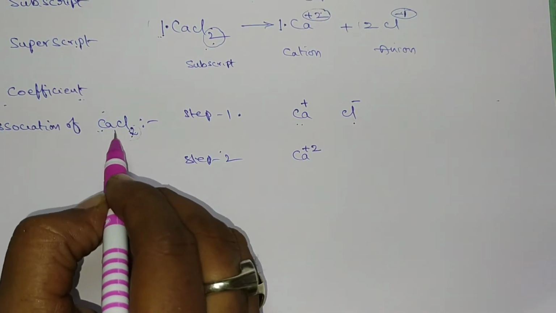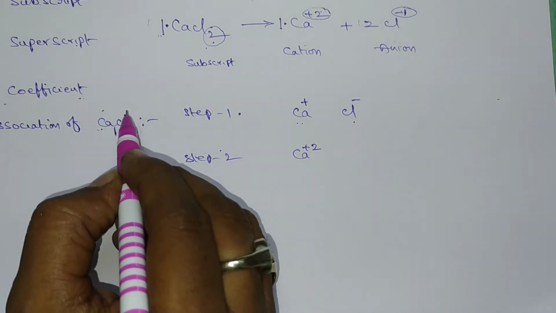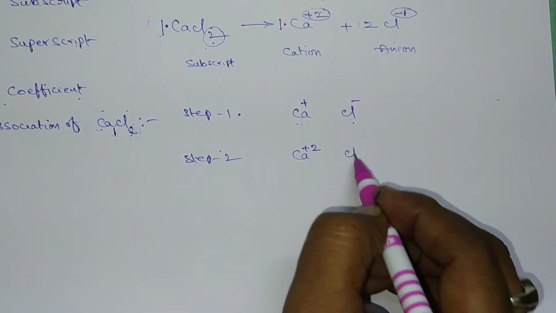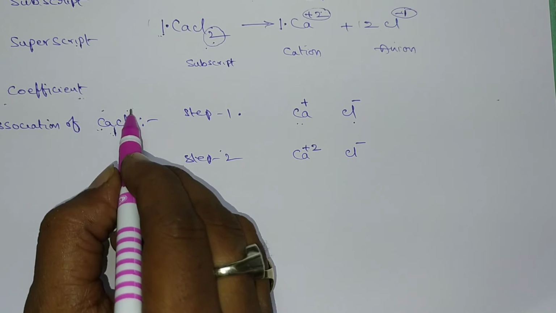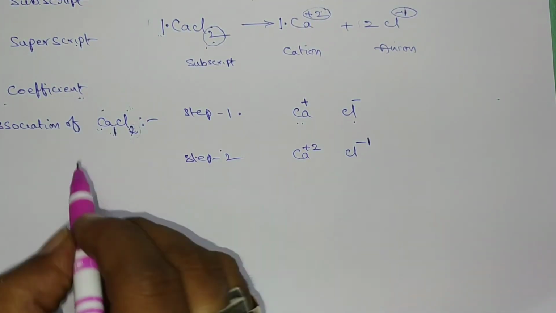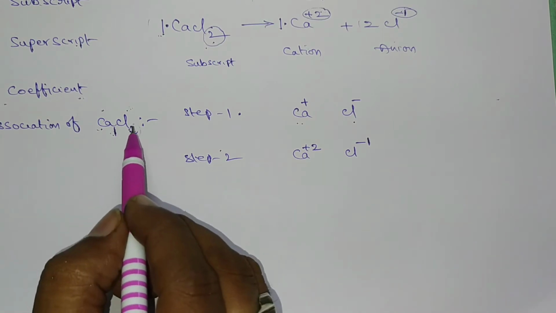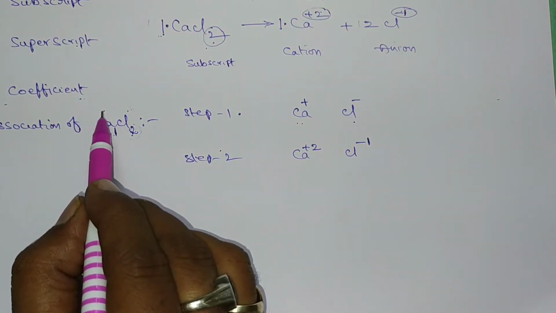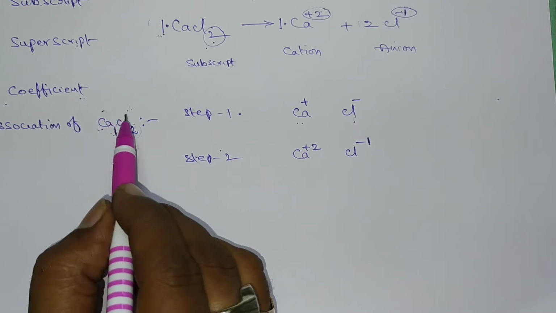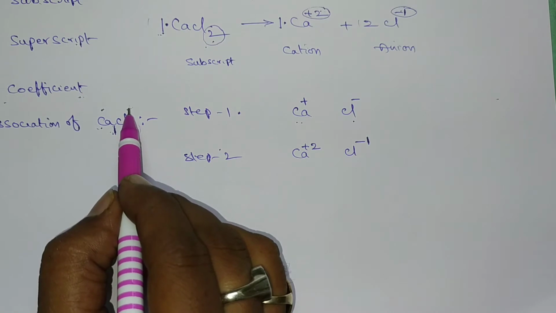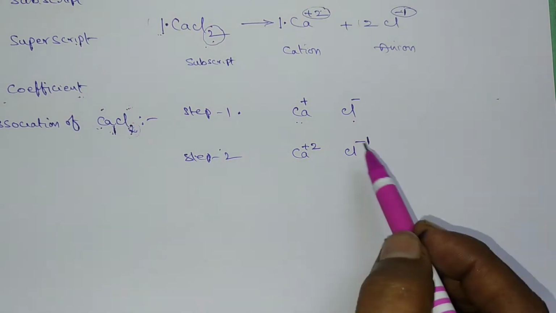And the subscript for calcium will become superscript for chloride ion. That means here 1 becomes superscript, so Cl minus 1. So in the second step, the subscript of one species will become superscript for another species. Similarly, the subscript of calcium becomes superscript for chloride ion.